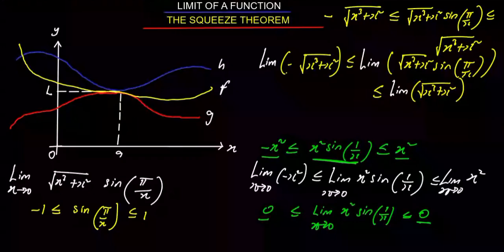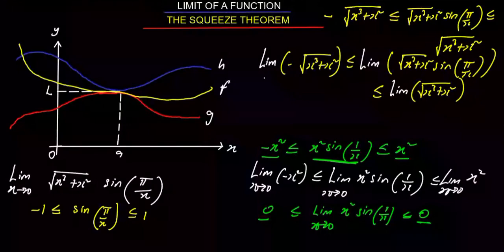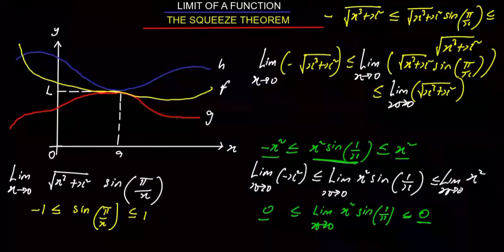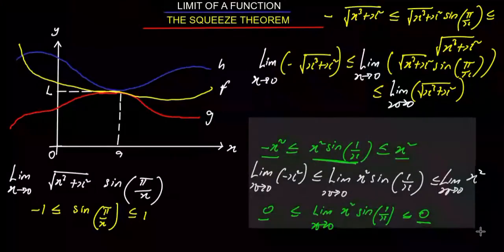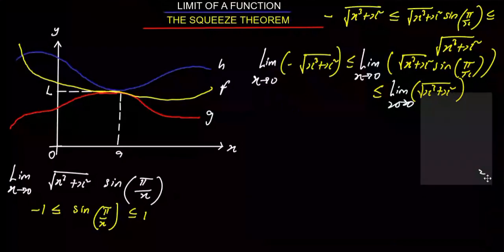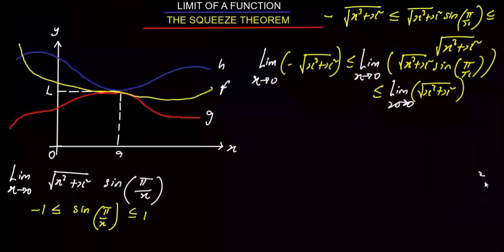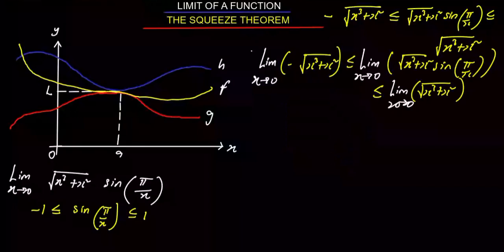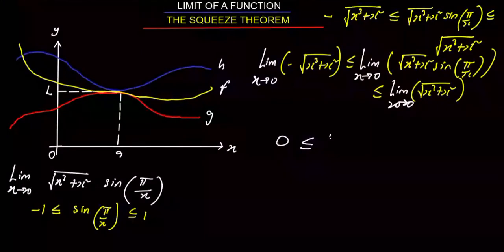Now, let's evaluate this limit. Remember, the limit is tending to 0, and this is tending to what? 0. So let's see what we have from here. What we're going to do is evaluate these limits. Remember, if I plug in 0, this part will give me 0. Also, this part is what I don't know.